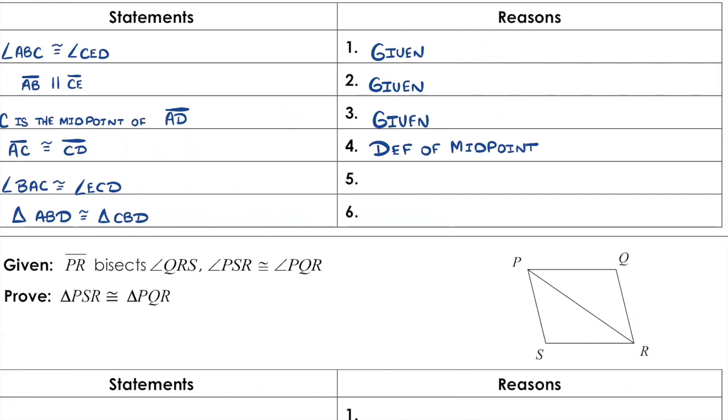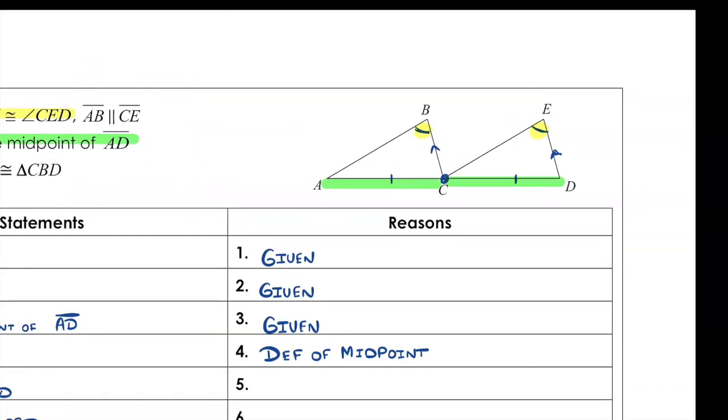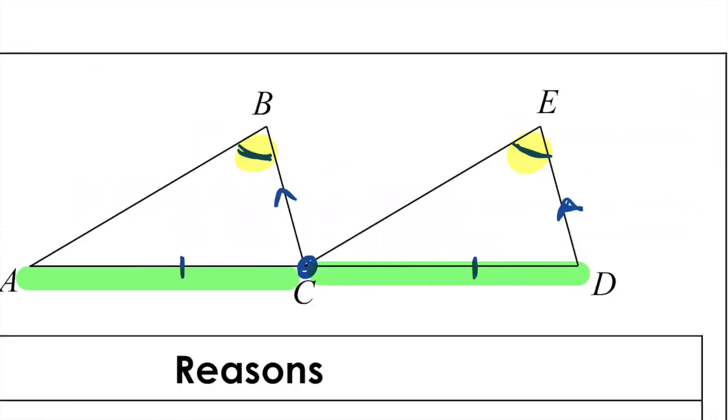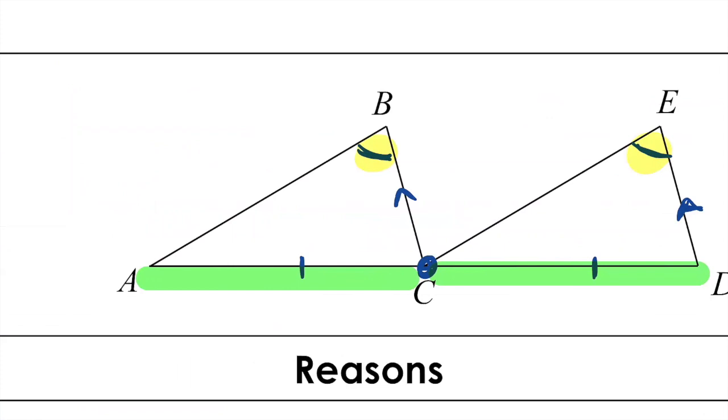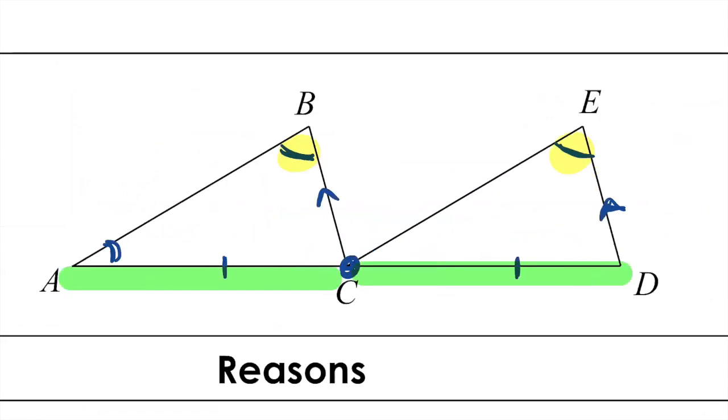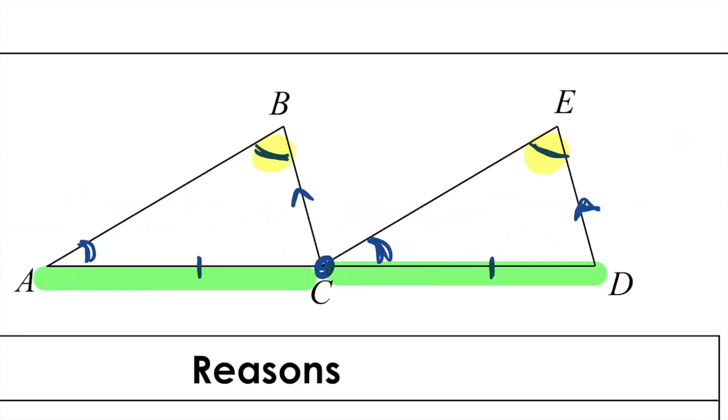All right, now BAC is congruent to ECD. What? Oh, I need to do 2, don't I? What do you guys think?